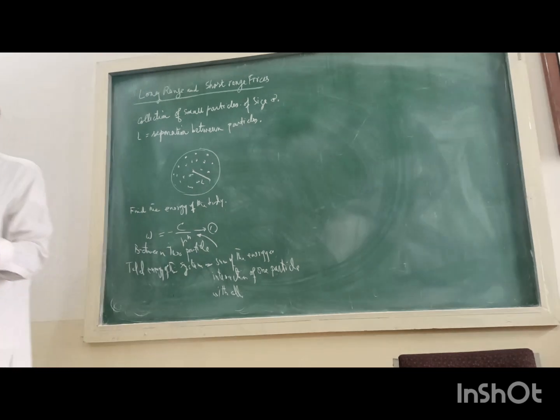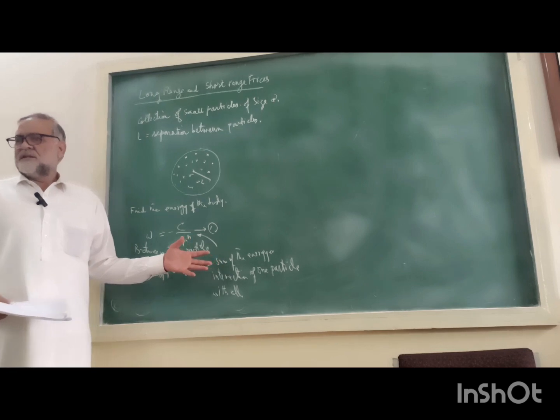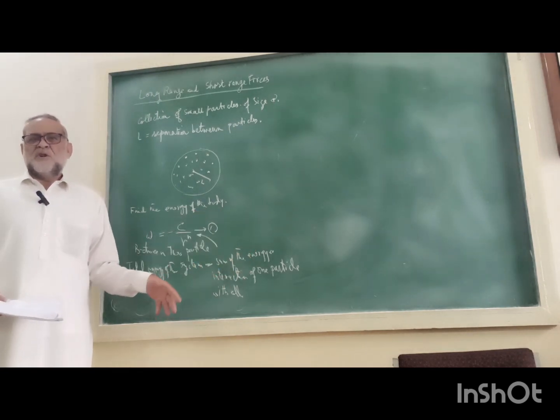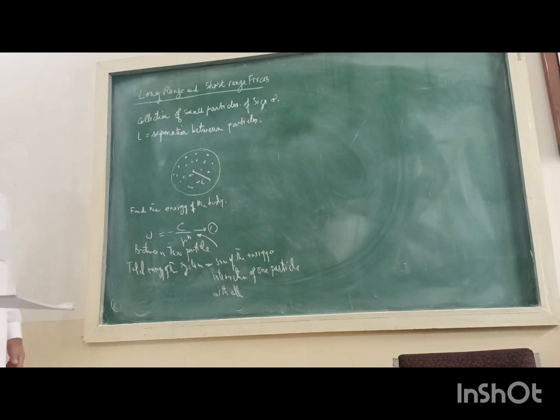For example, if we are four people, our whole energy will be my energy with him, plus my energy with you, plus my energy with you, and that will be the total energy of our group. So if we have n particles, that will be the sum of one particle's energy with each of the others.